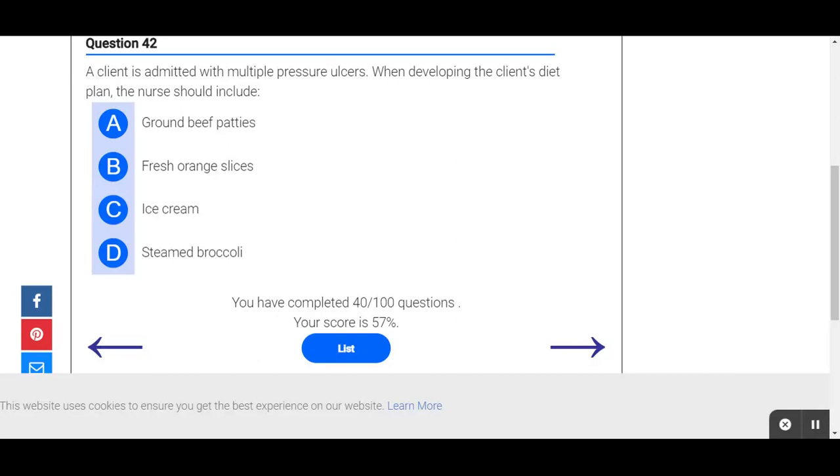So in order to have the diet for low-fat versions of foods, okay, let's try broccoli.